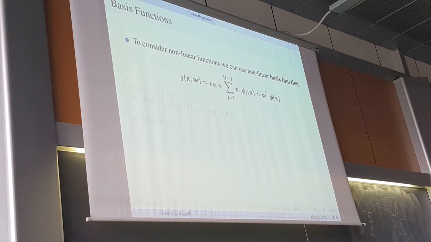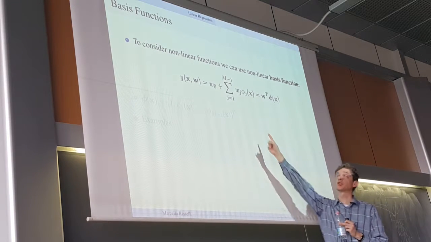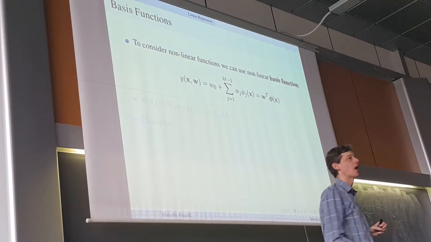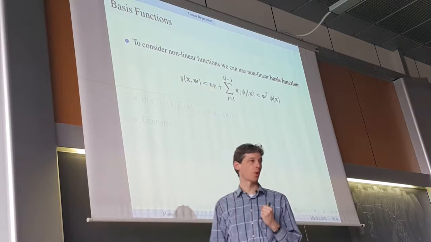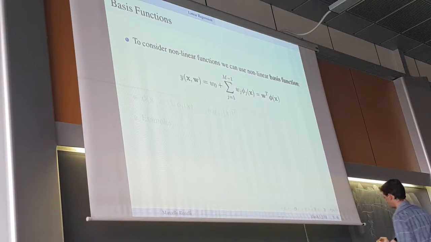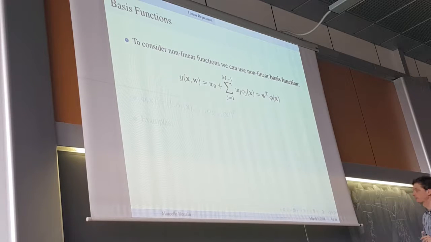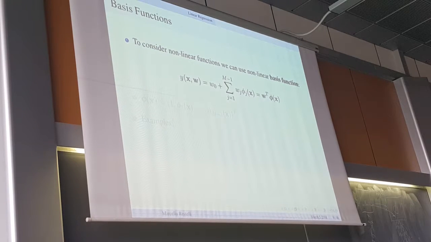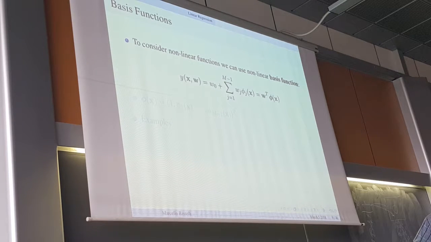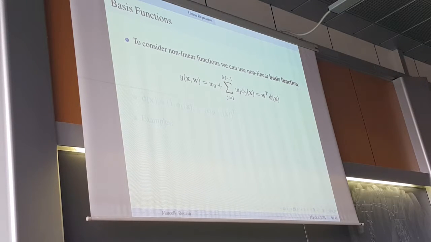And now you see that now the summation is no more from 1 to d minus 1, but it's from 1 to m minus 1. So here d was equal to, in this case, 3.